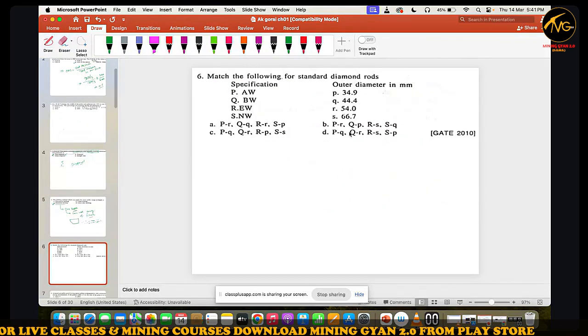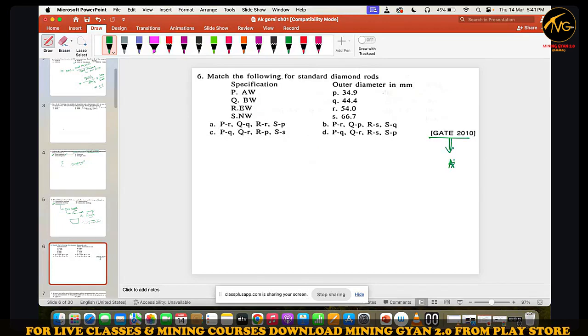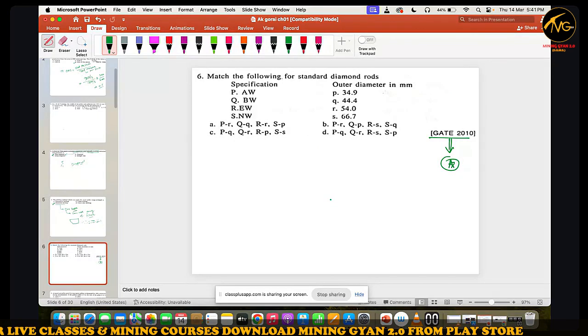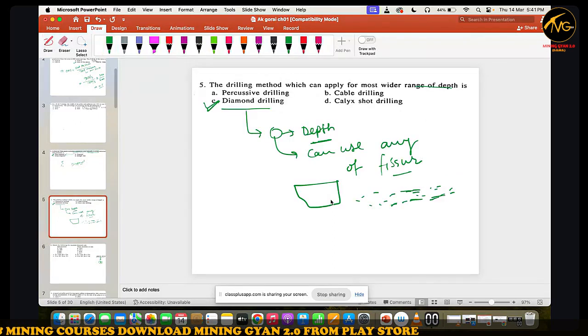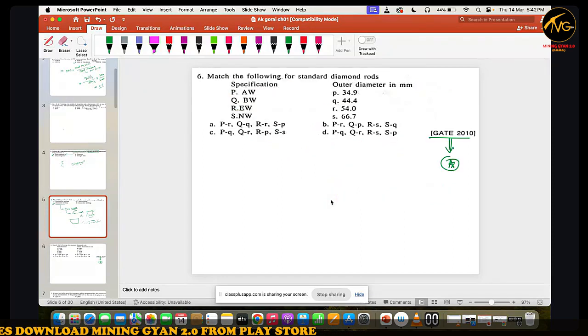Okay, match the following. I told you I may ask this type of question. They asked it in GATE 2010. Please provide the answer. Vishal, which book are you following?